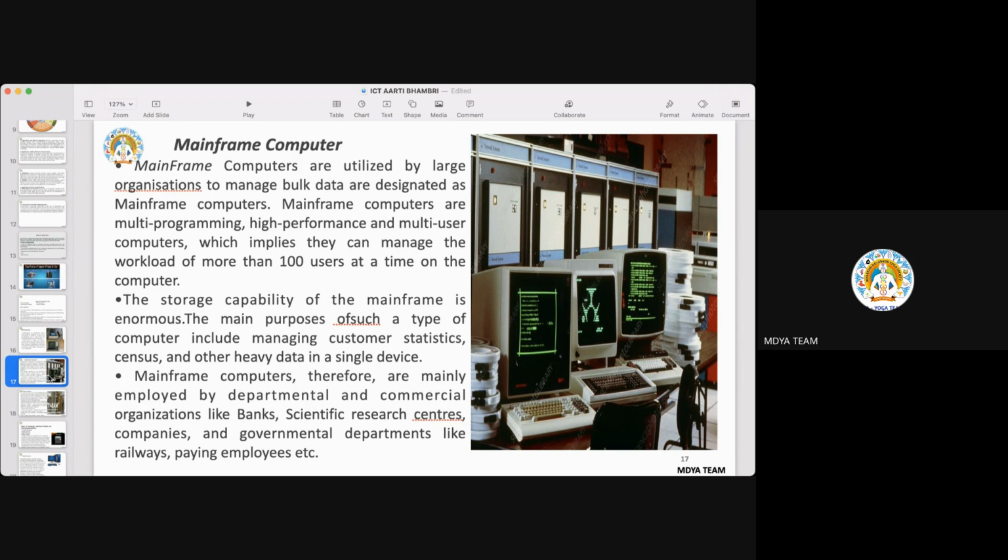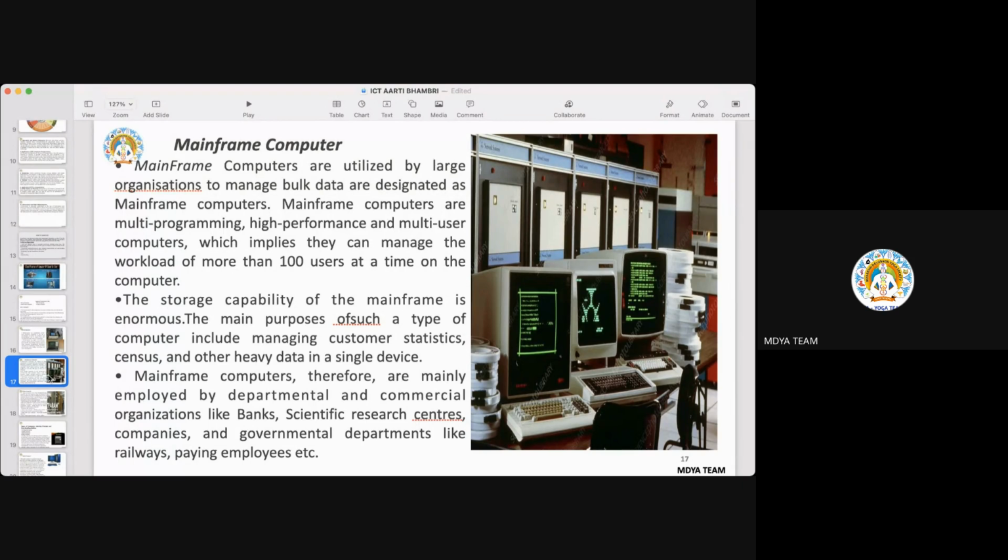Bulk data they have to manage, like for a whole organization, they design these mainframe computers. So they are multi-programming, high performance, multi-user computers, which means they can manage the workload of more than 100 users at a time.